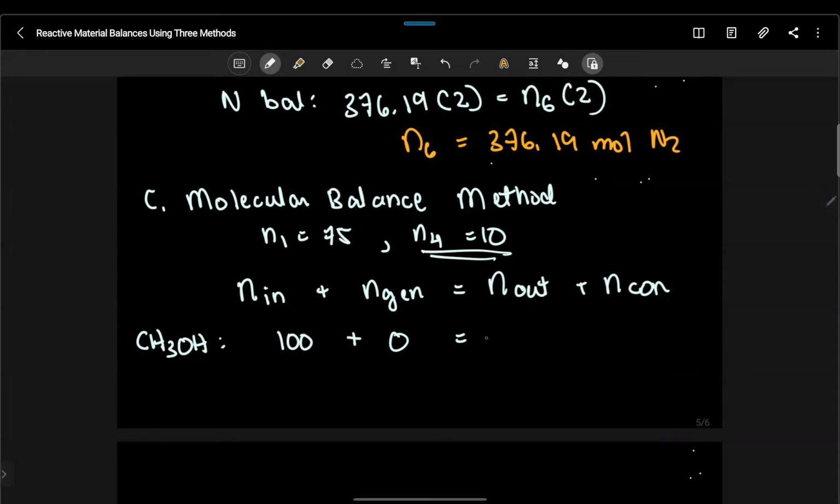So therefore, meron na tayong value niyan, which is 10. Plus, consumption na lang ang matitira, which is unknown. But there should be a value for this kasi methanol is a reactant nga in the reaction. Okay? So therefore, solving for N-con, moles consumed for methanol, okay, it's 90.